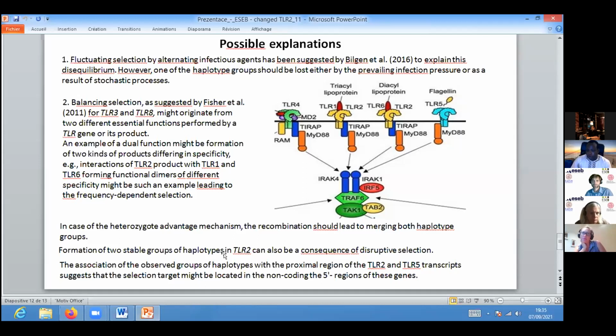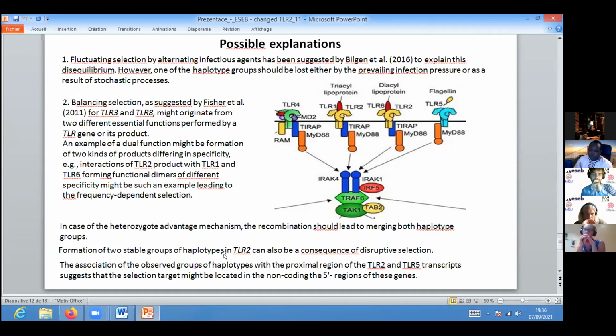An example of the dual function might be the formation of two kinds of product differing in specificity, like the interaction of the TLR2 product with TLR1 and TLR6 that form functional dimers that in their turn recognize different ligands of bacterial origin.